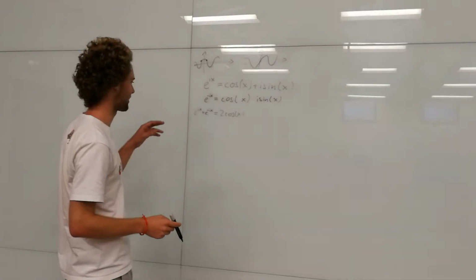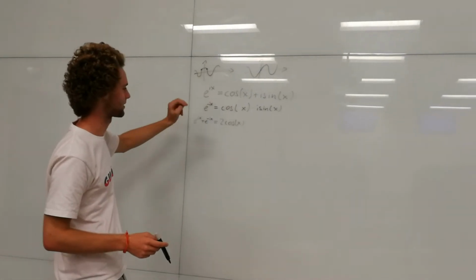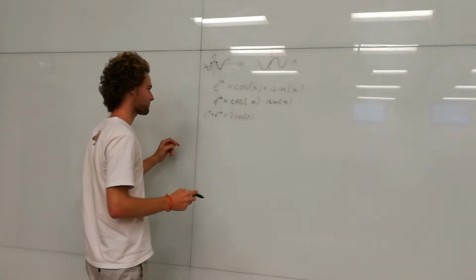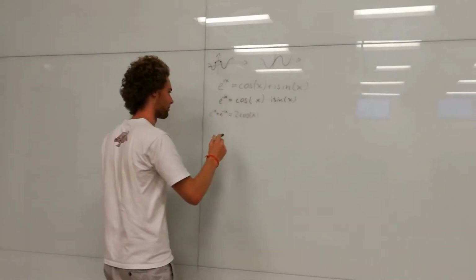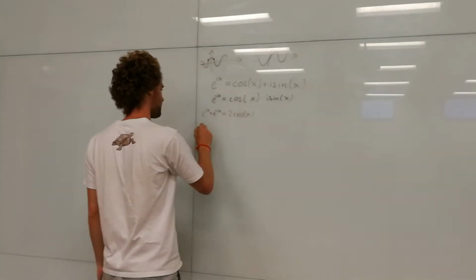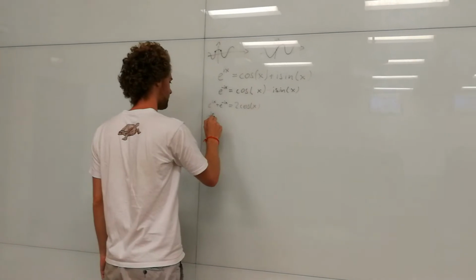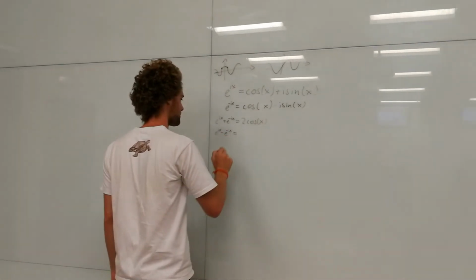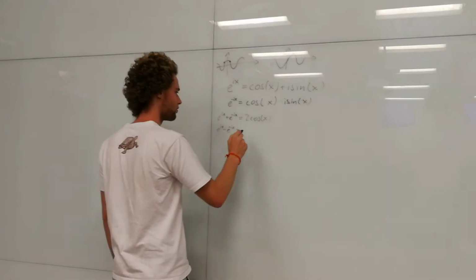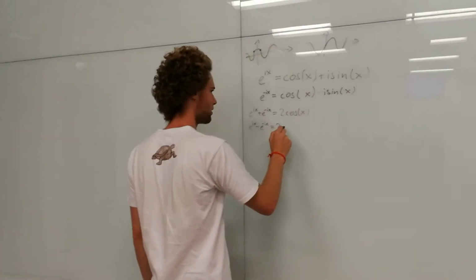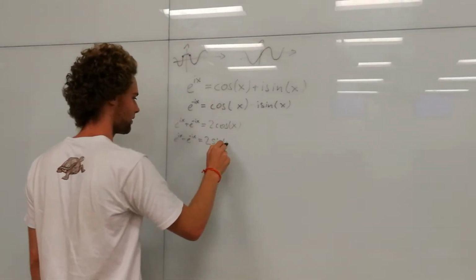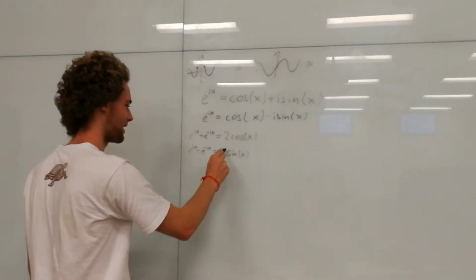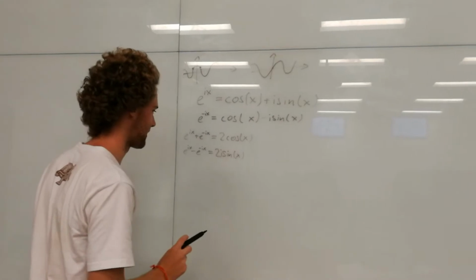Now let's have a look at what happens if we subtract these guys from each other. We'll subtract one from the other. Therefore, we get e to the ix minus e to the minus ix equals 2 sine of x, times i, because nobody ever likes that i.